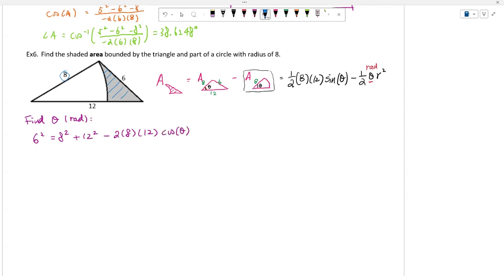If I want to solve for cosine of theta, it will be 6 squared minus 8 squared minus 12 squared, divided by negative 2 times 8 times 12. And of course, theta will be the cosine inverse of the expression.